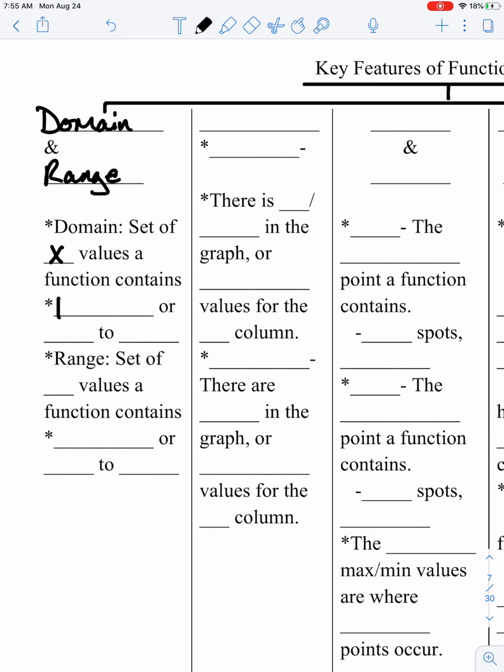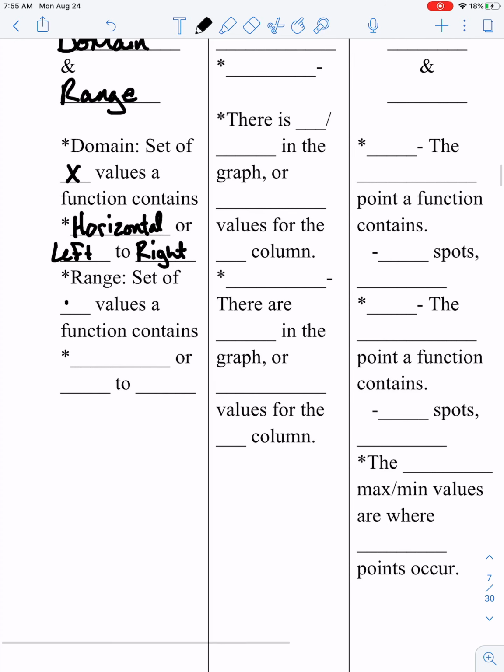It is horizontal, or left to right. Your range is a set of y values a function has, so the exact opposite. Y, think about it as your axes, is vertical or top to bottom or up and down.